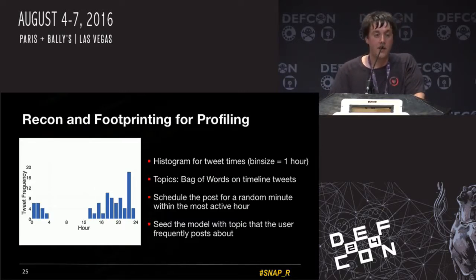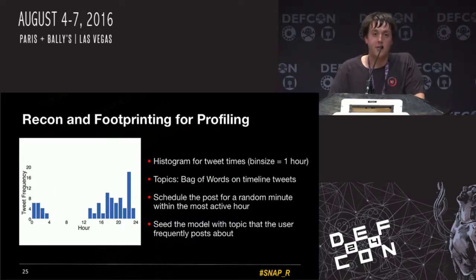To schedule the post for when the user is active, we just use a simple histogram of tweet times, showing which hours that user tweets. On the left, you'll see my own tweet history timings, and you can see that I'm most active at 11 p.m. at night. Take that what you will. But it's actually very easy to find this data.